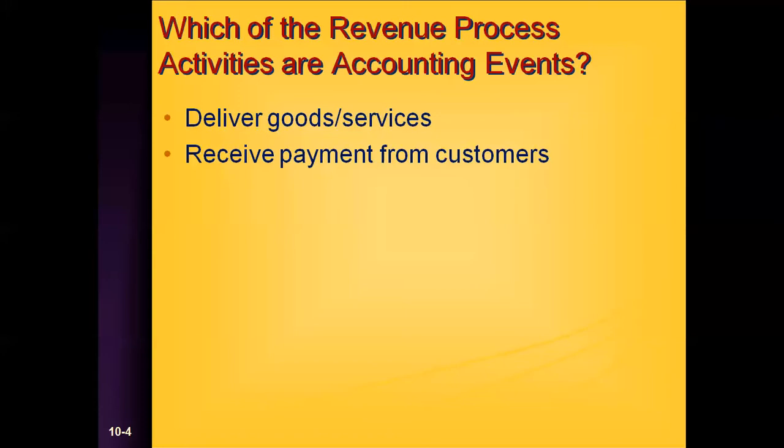So increasing cash is obviously a big part of receiving payment, and the alternative entry would be when an accounts receivable account is paid, you would decrease the accounts receivable account. So those are the two items there: increasing cash and decreasing your accounts receivable.